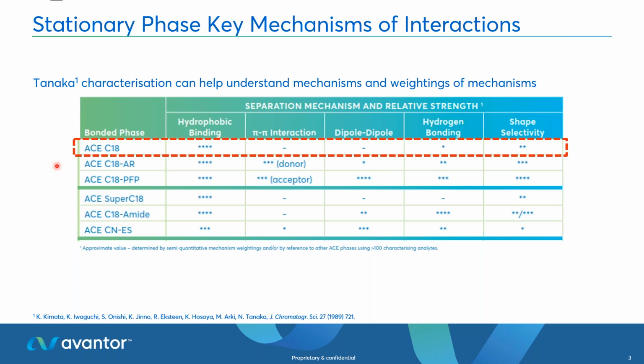If I only have a 2-column switcher, would this approach still work? And which columns would you pick? It's a good question. I would still go for the C18 as my first column. Maybe I'd go for something like a super C18, which has got a wider pH range, and then a second column that's got a wide pH range, because then I could look at not only 2 selectivities, but I could also look at 2 organic modifiers and 2 pHs.